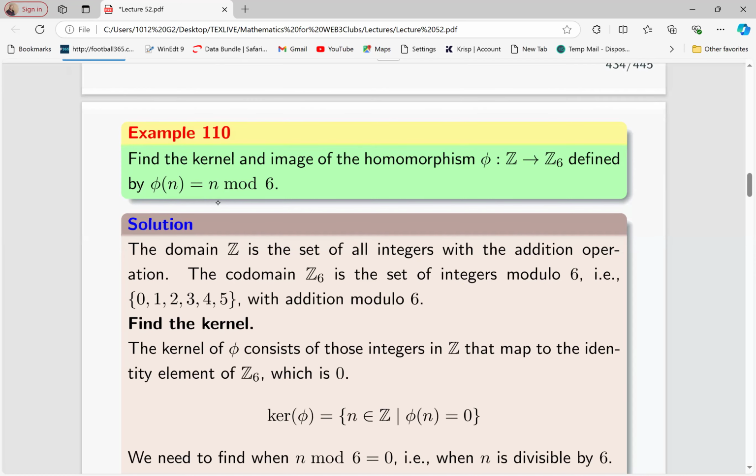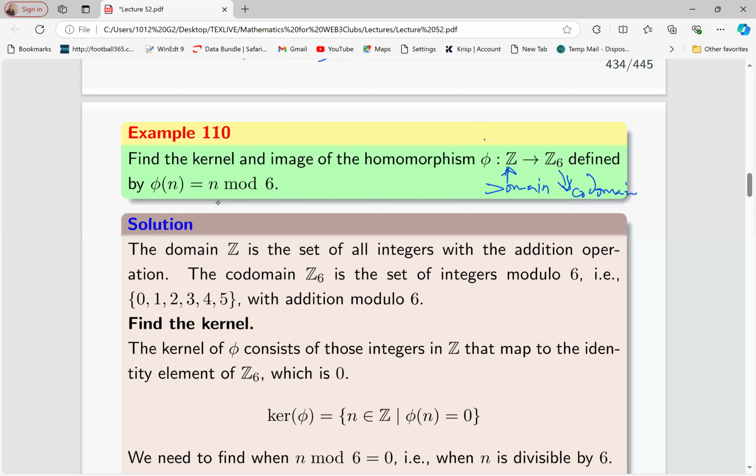Now, so we are mapping from, this is the domain, as we've already explained. This is the domain of this homomorphism, and this is the codomain.